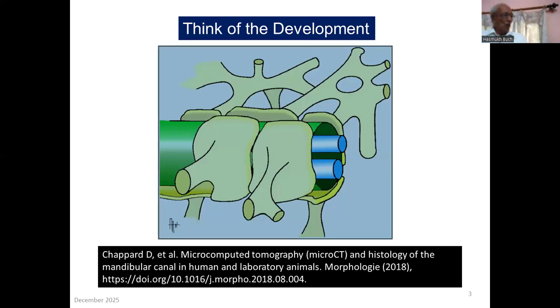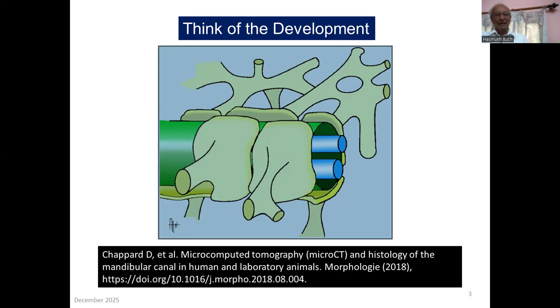And before we go to that Bifid or Trifid canal, we have to think of the development here. The neurovascular bundle is earlier in development.